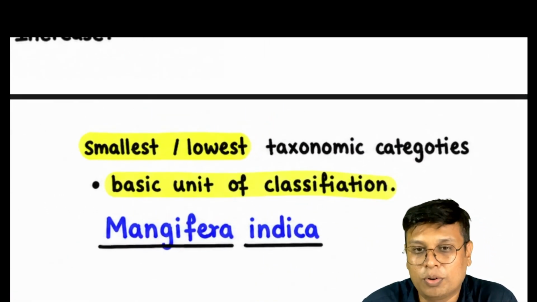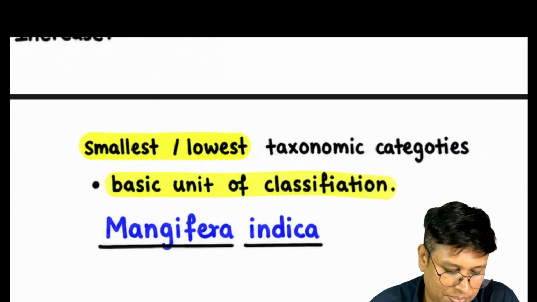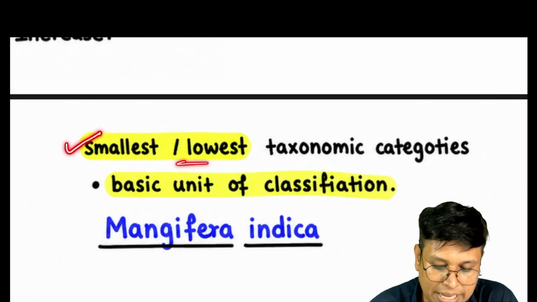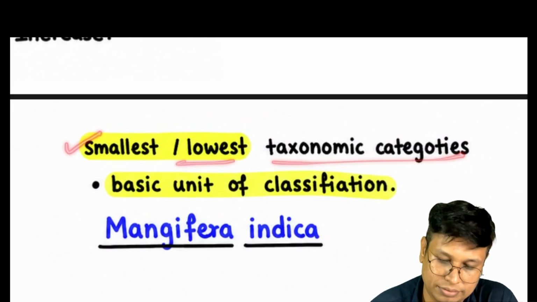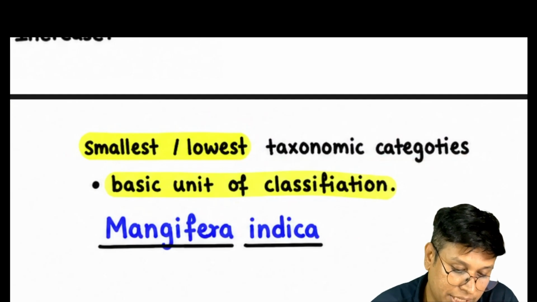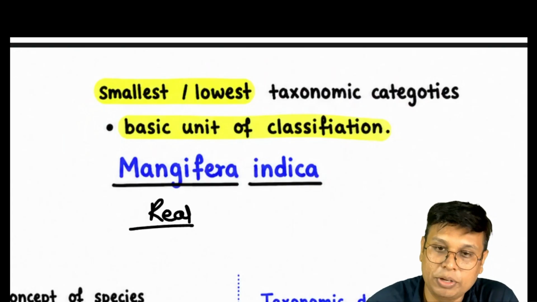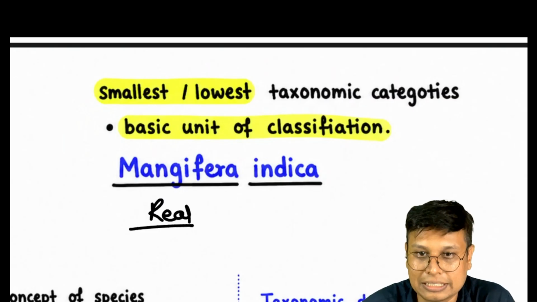So when we talk about species, species is very meaningful and real. It is the smallest and lowest taxonomic category. Okay, but it is a basic unit of life, basic unit of classification, and also it is one of the real categories. What do you mean by calling real categories?